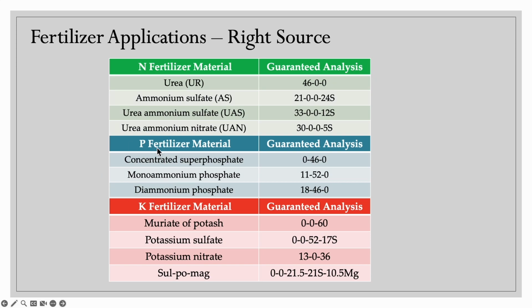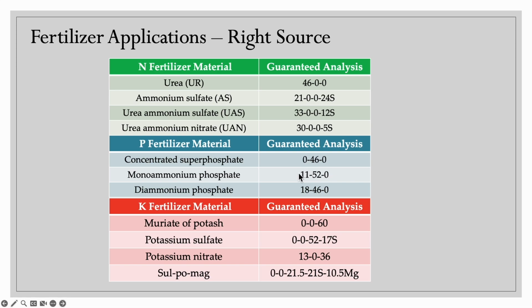For the most part, our phosphorus fertilizer materials are going to be mono- or diammonium phosphate. You might hear this as MAP, monoammonium phosphate, and you'll hear this as DAP, diammonium phosphate. And so we can see that we have a little bit of nitrogen and a high phosphorus content, so we don't need to apply a lot of this fertilizer.